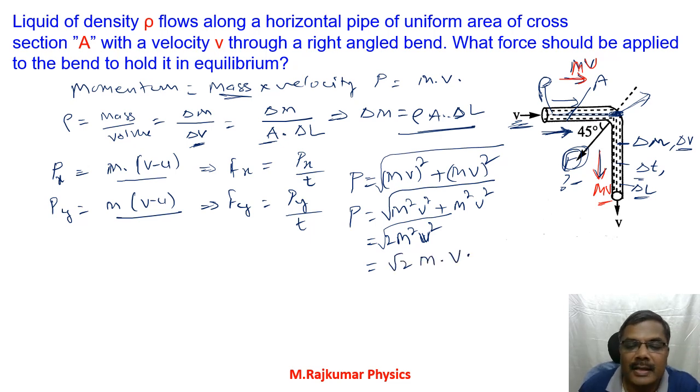So this is the resultant momentum. Resultant momentum will be root 2 m into v. So this one, velocity is given.